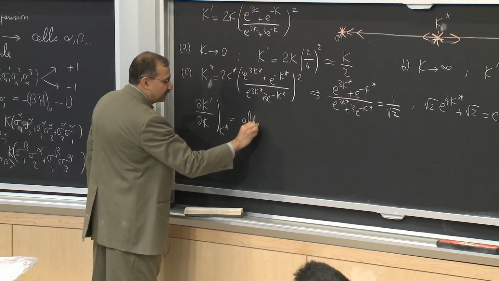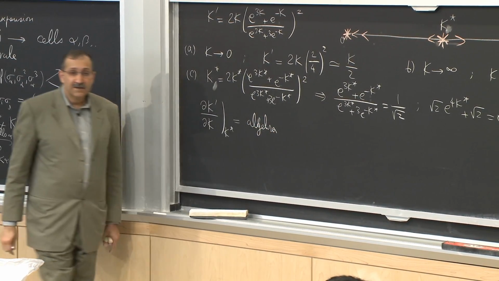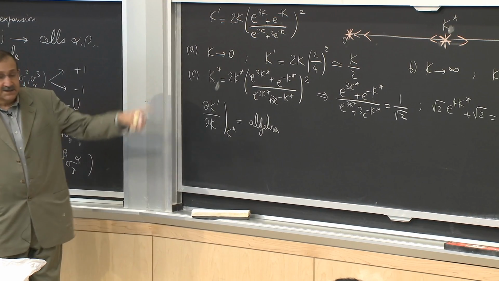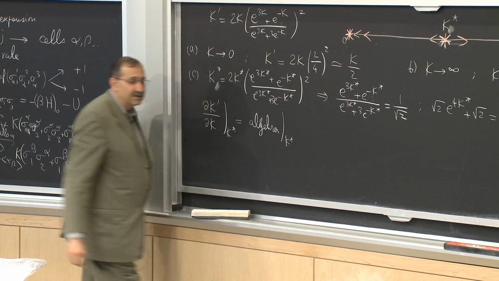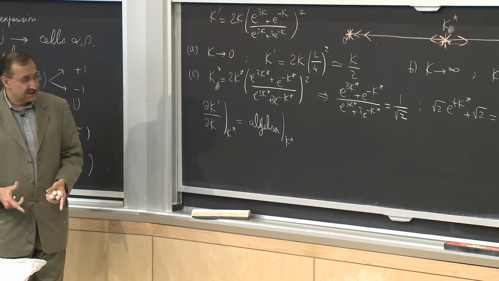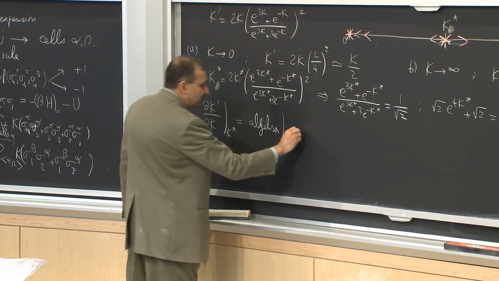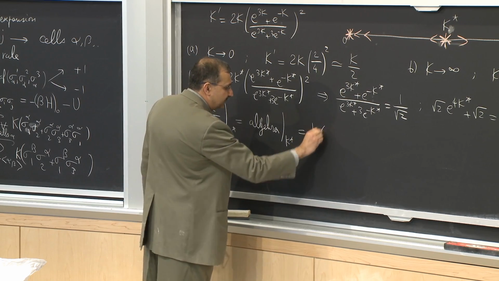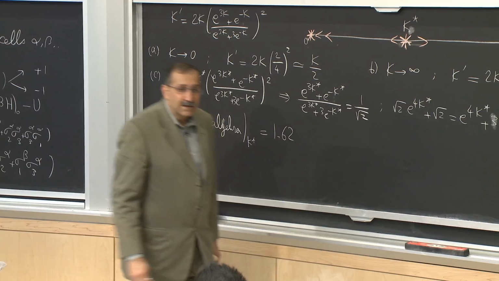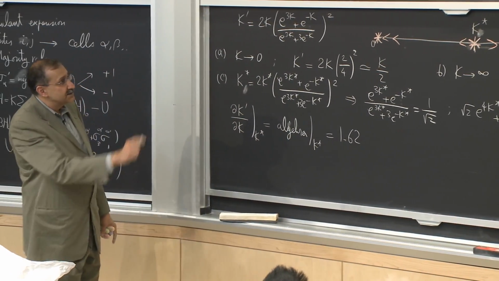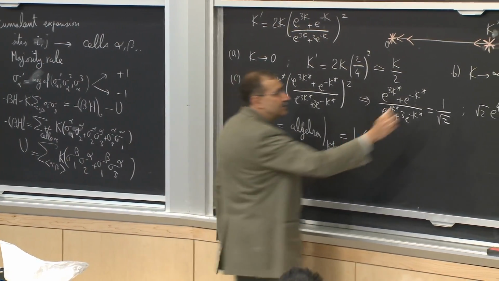There's some algebra involved here. And once you have taken the derivative, you have to put in the value of K star, and here some calculator is necessary. At the end of the day, the number that you get, I believe, is something like 1.62. And since it's larger than 1, that says that you will be pushed away.